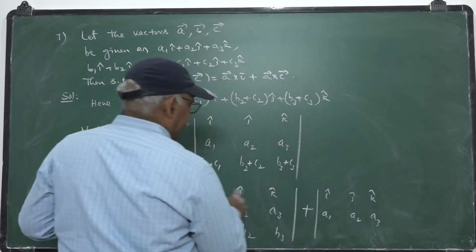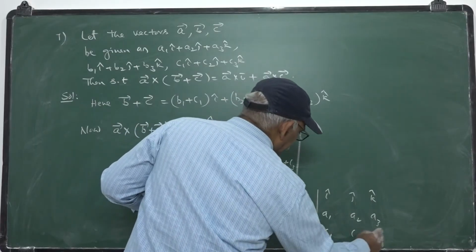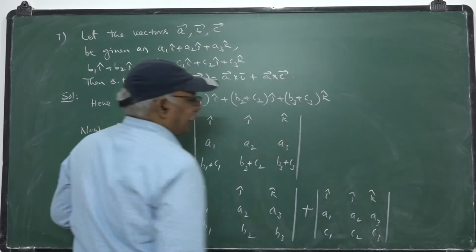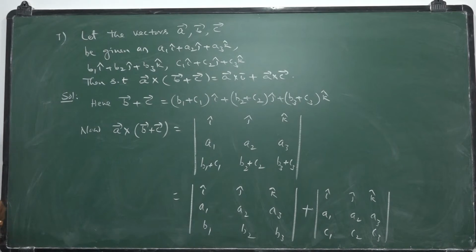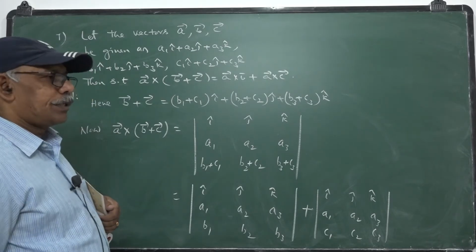There is no change in first two rows. The third row may be written as C1, C2, C3. That determinant may be written as determinant of i, j, k, A1, A2, A3, B1, B2, B3 plus i, j, k, A1, A2, A3, C1, C2, C3.